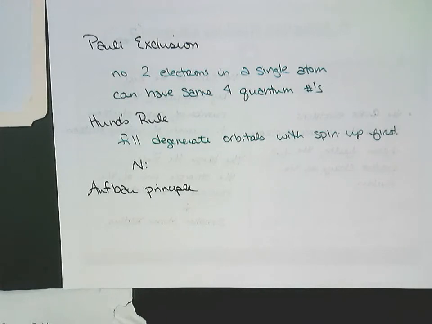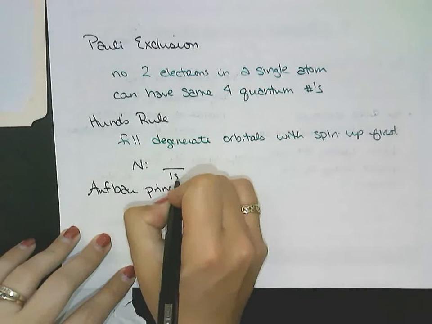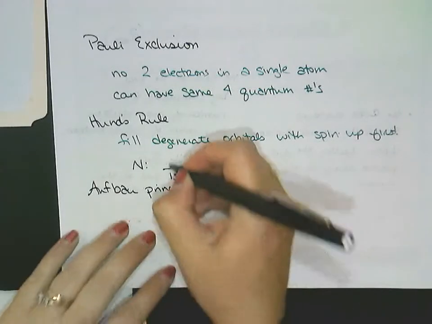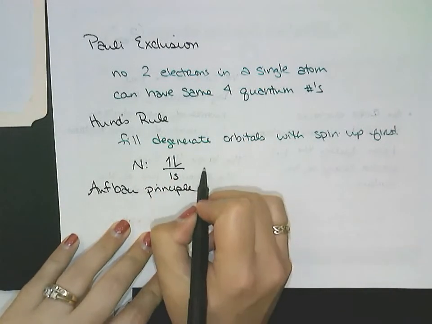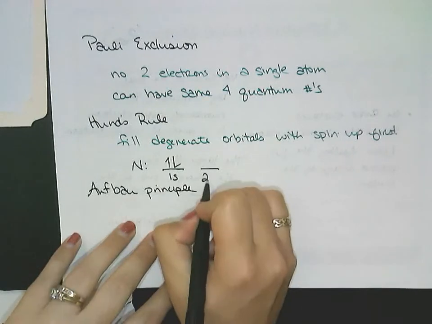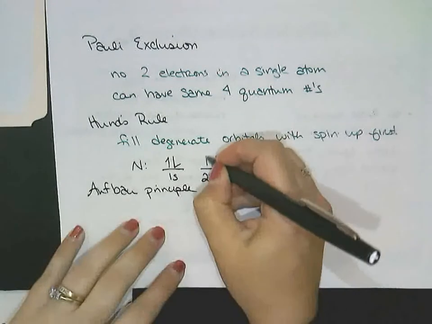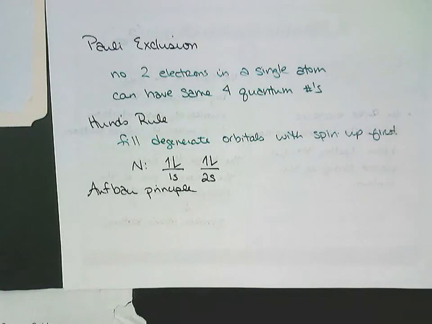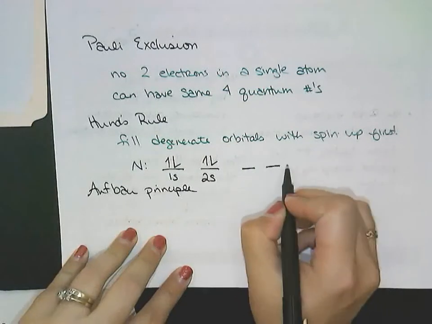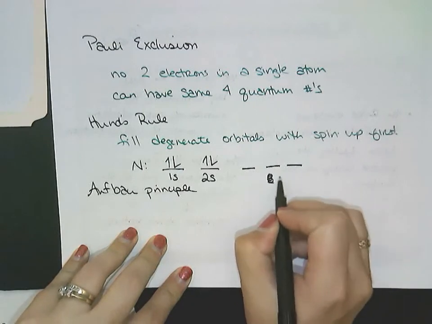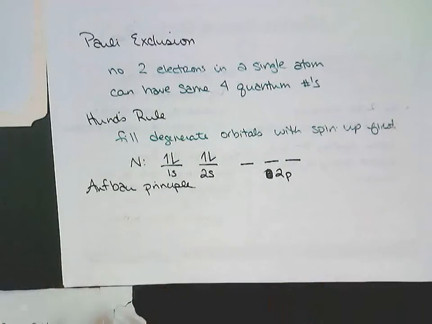Where do I start with my first platform? What's it called? 1s. And how many electrons am I putting there? 2. What comes after that? 2s, and how many electrons live in there? 2. I need to draw 2p. How many platforms does 2p get? It gets 3 platforms. So how many electrons do I have left to spread across my 2p's? 3.